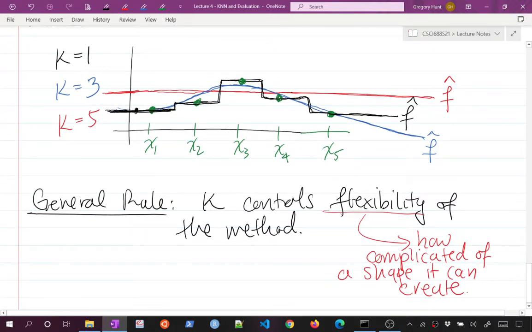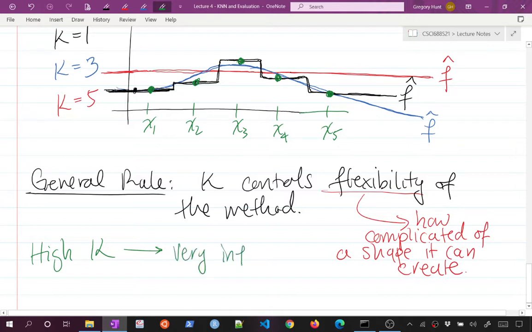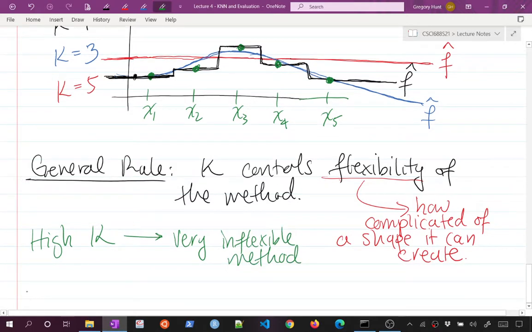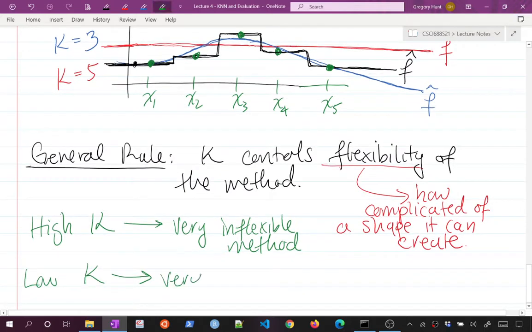So let me write this explicitly. High values of k, as we saw here, when k is equal to the number of training points, we have a very inflexible method. And low values of k, like when k is equal to 1, we're going to have a very flexible method.